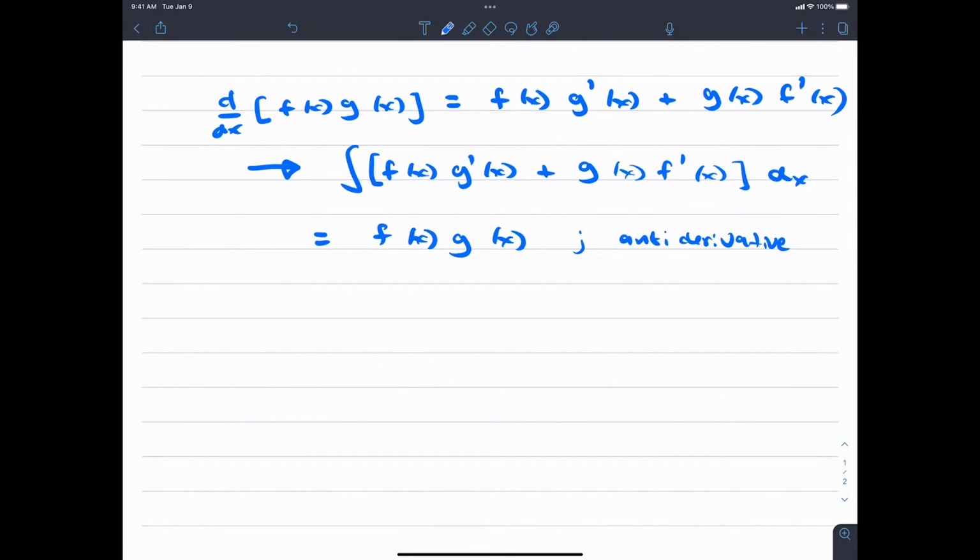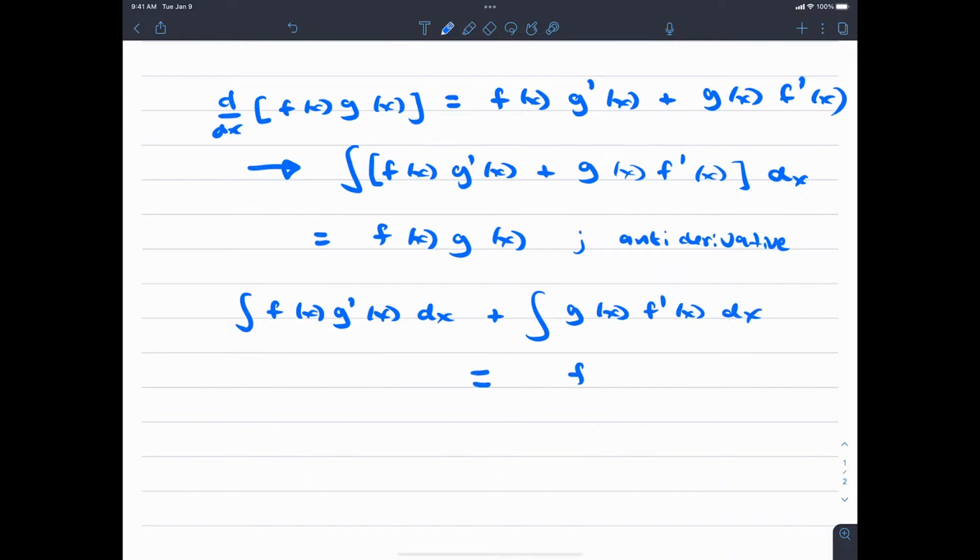But then on the left, this is the integral of two things, f(x)g'(x) dx. The integral of a sum is the sum of integrals. And then that equals that right side, f(x)g(x) here.